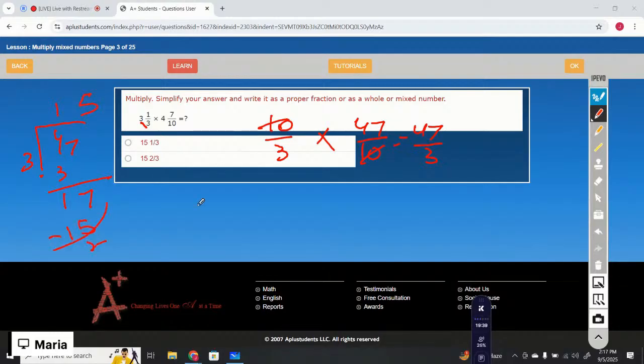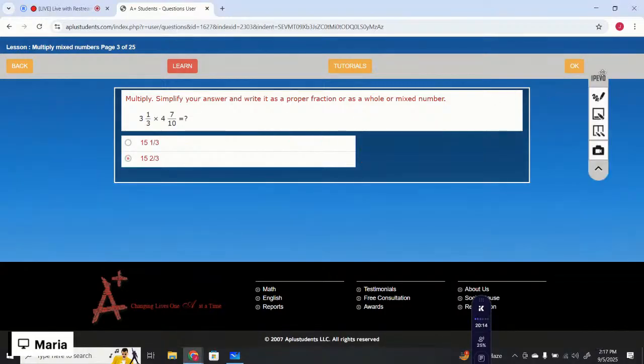We have 2. So that is 15 whole 2 over 3. Option number 2 is the correct option. That is 15 whole 2 by 3.